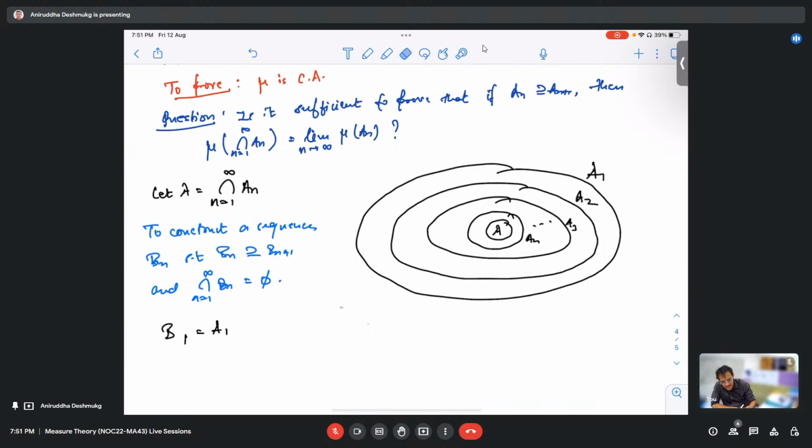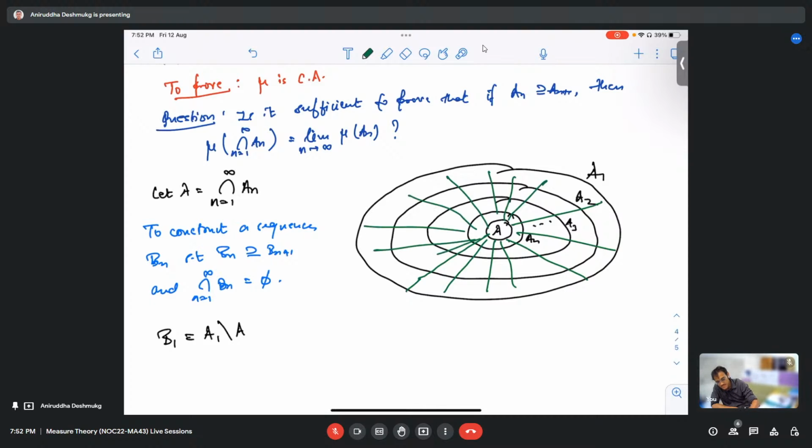So let us do one thing. Let us define B1 as A1 difference A. That means I am collecting all these, from here to everything outside. This is my B1. Next, I want a decreasing sequence, so I have to reduce the size. What can I do now?